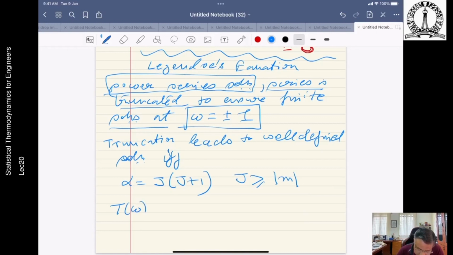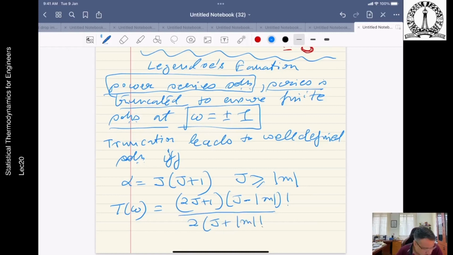And the solution T of omega, because we have substituted theta with omega, is given as the square root of 2j plus 1 into j minus modulus m factorial divided by 2, j plus m factorial, and this entire thing is raised to the power of half, multiplied by P_j of omega.